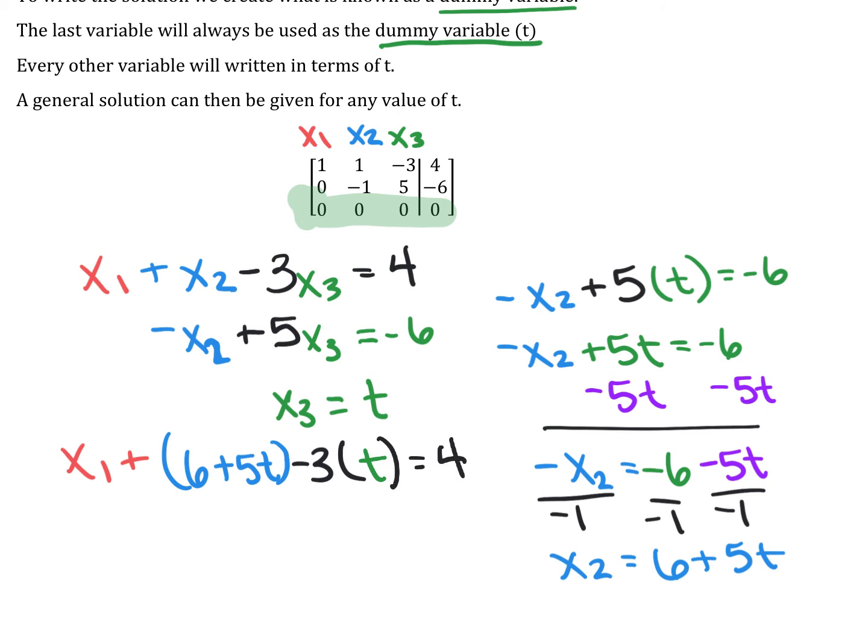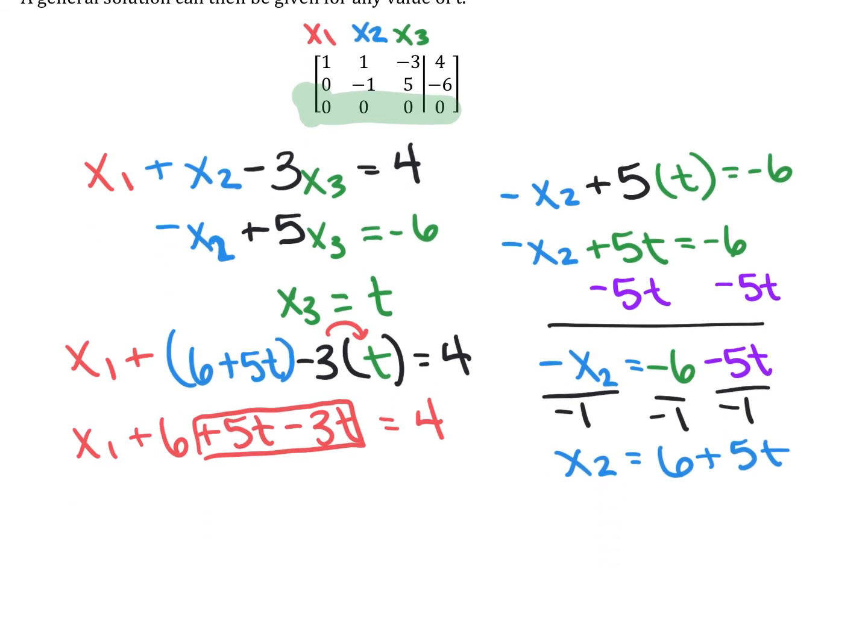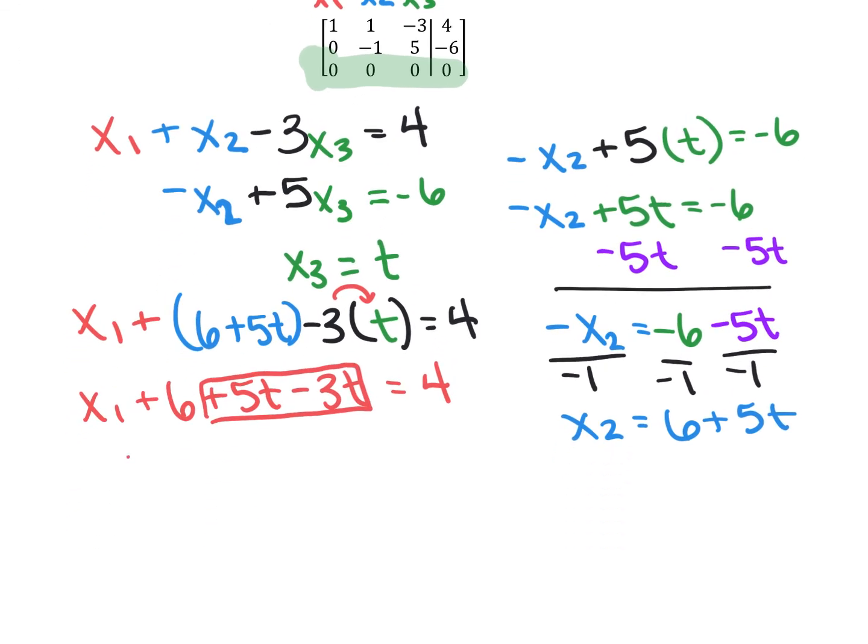So when I clean this up, I get x1 plus 6 plus 5t. I'm going to distribute out this right here, it'll be a negative 3t, that equals 4. Cleaning this up by combining these like terms right here, I get x1 plus 6 plus 2t equals 4.